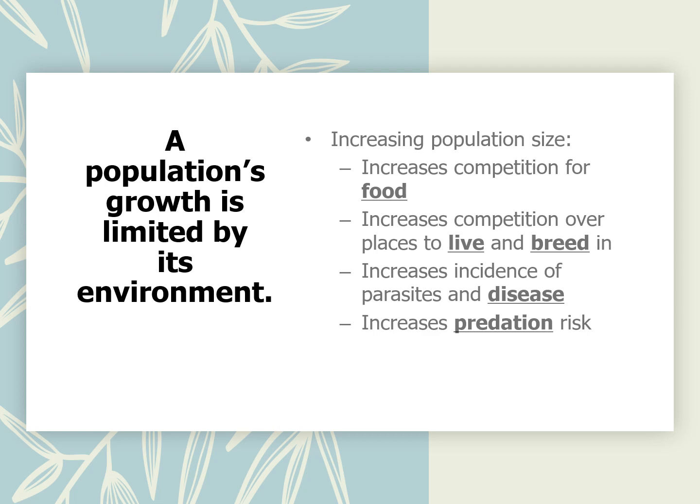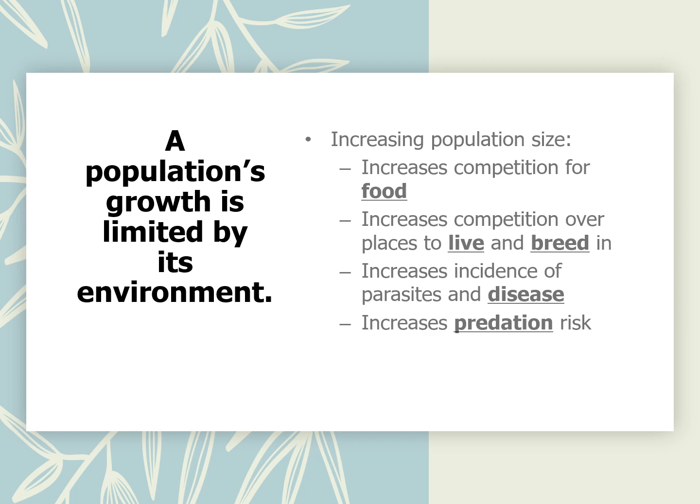Some animals are very particular about where they will live, as well as where they will breed. Many birds and other species are very particular about where they build nests and where they will breed, which can be very limiting if they are particularly picky. So in populations that are a little bit too large, or in habitats that are getting a little bit too small, that can become a very big factor in population limits.